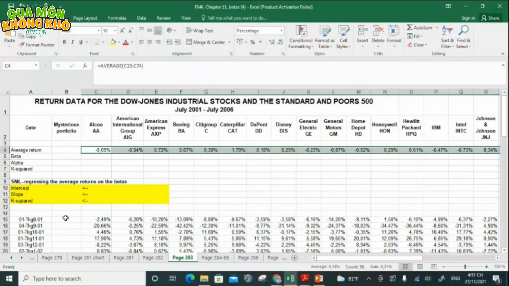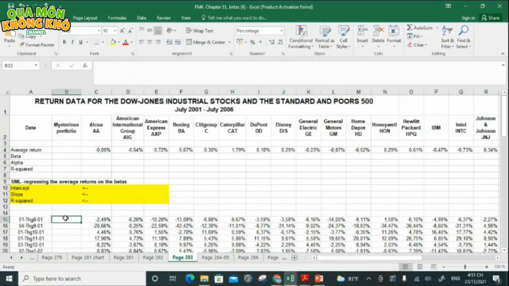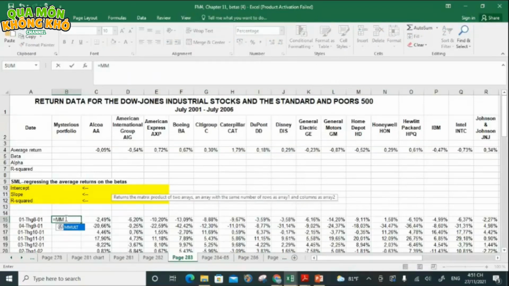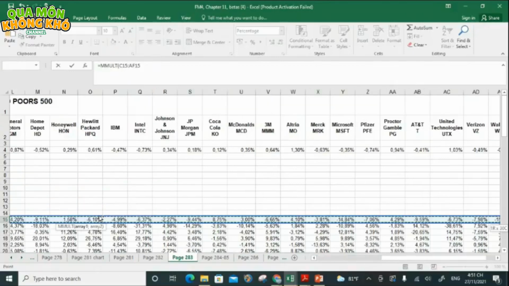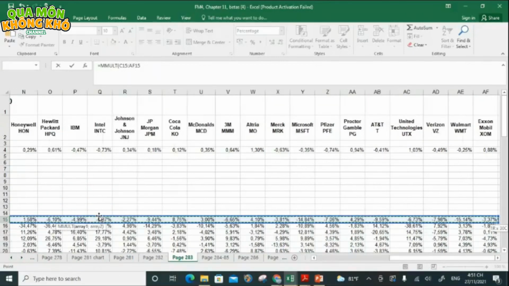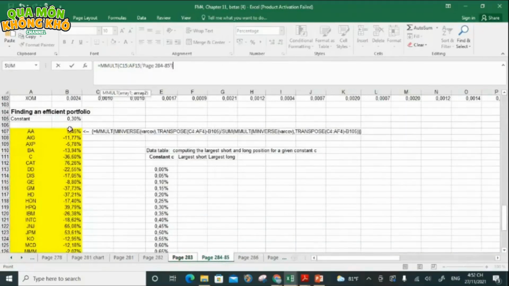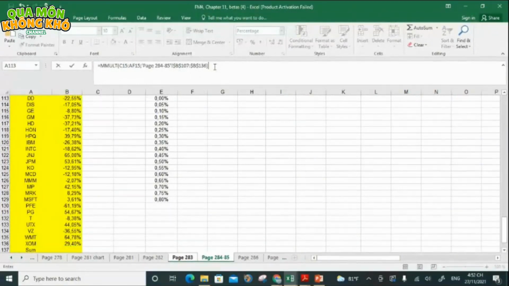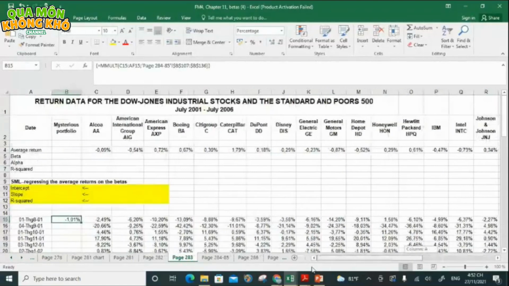Here we use the matrix multiplication function with the return matrix and then multiply with the weights right here, to equal 0.1.